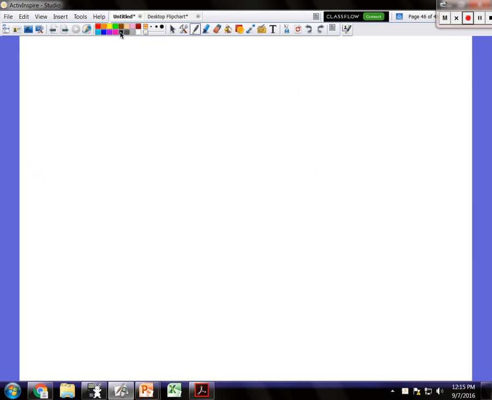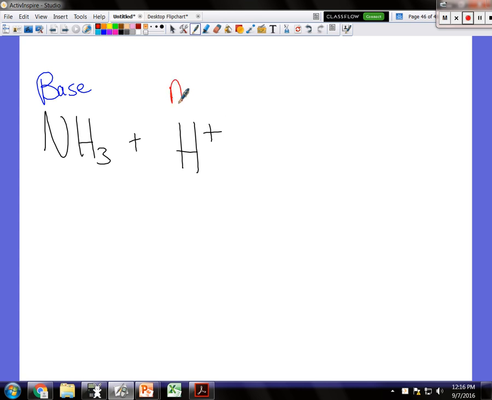Do you agree that I have NH3 and this is a base, right? And according to Bronsted-Lowry, bases are what? Hydrogen acceptors. So I've got a hydrogen ion. What does the hydrogen ion represent? An acid. Okay. So here's what happens.